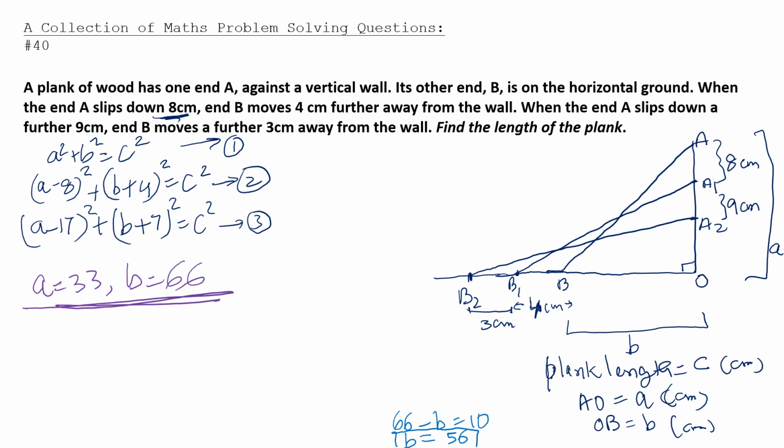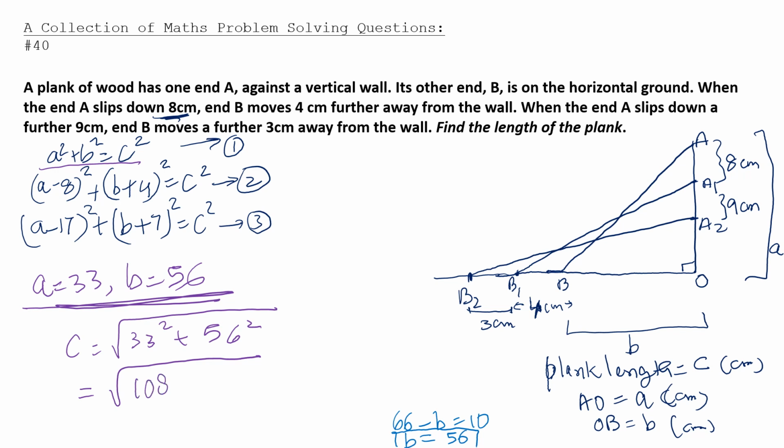So now that I got this, I got to work out C. Using A square plus B square, C would be the square root of 33 squared plus 56 squared. 33 squared is 1089 plus 56 squared, that is 3136.